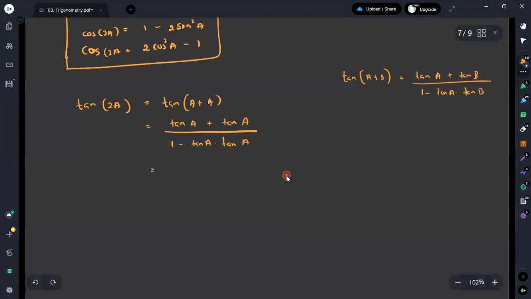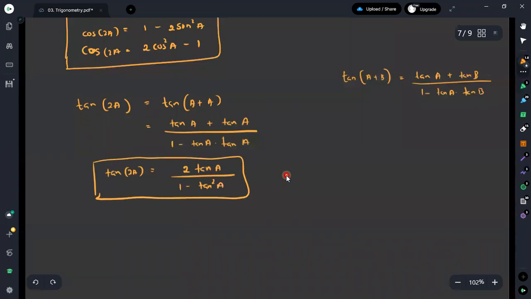Then we can take the value as 2 times tan a divided by 1 minus tan squared a. Therefore, the double angle formula for tan 2 times a can be taken as 2 times tan a divided by 1 minus tan squared a.